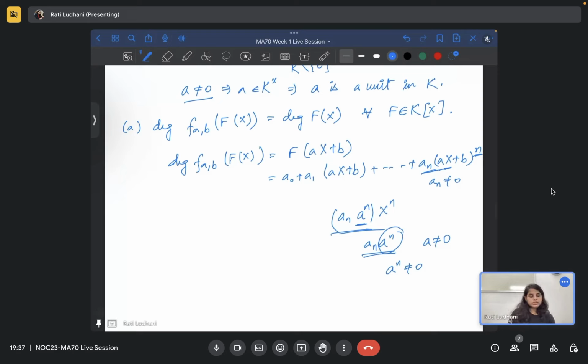You can directly just use integral domain. Integral domain means if a is not equal to 0 and b is not equal to 0, this implies ab is not equal to 0. So this is integral domain.